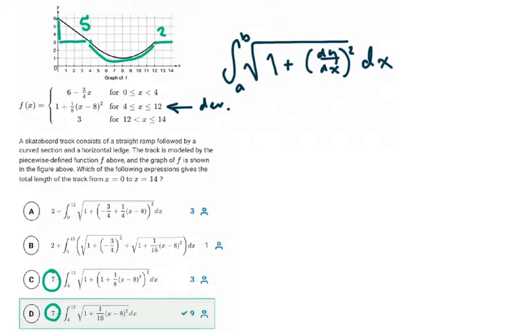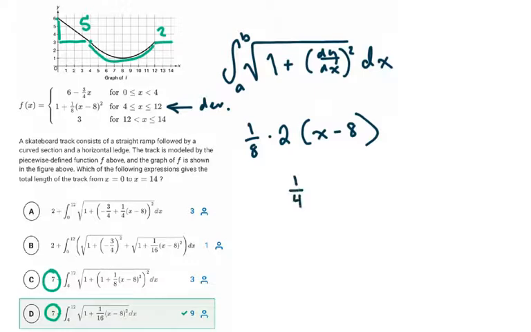We can use our chain rule. The 1 is a constant, so it drops away. So then it's 1/8 times 2 times (x minus 8), like that. And that's the derivative.